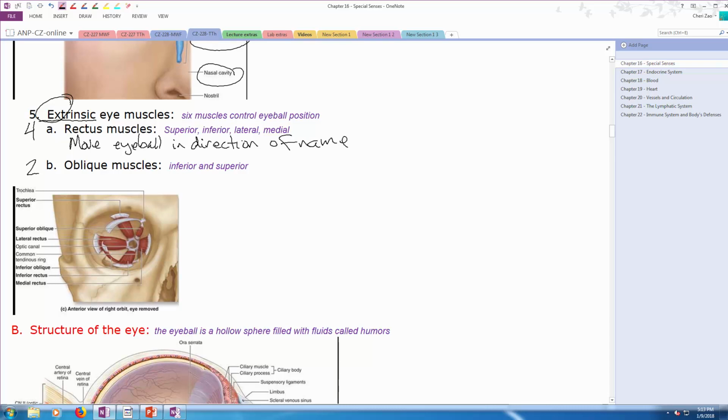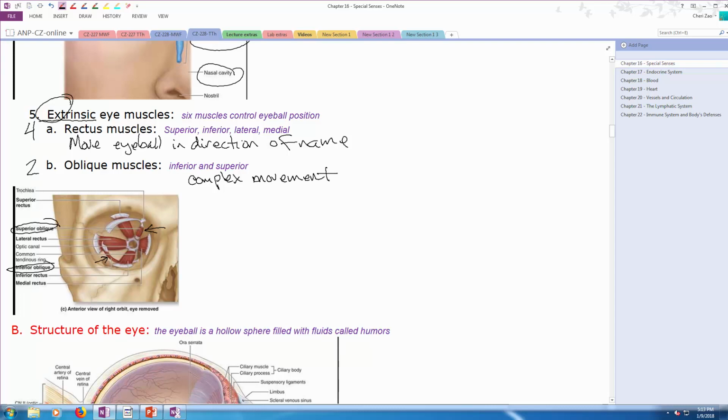The oblique muscles are superiorly and inferiorly located, and here is our superior oblique, right here, this guy, and here is our inferior oblique, this guy. They perform complex movement. And they're a bit backwards.